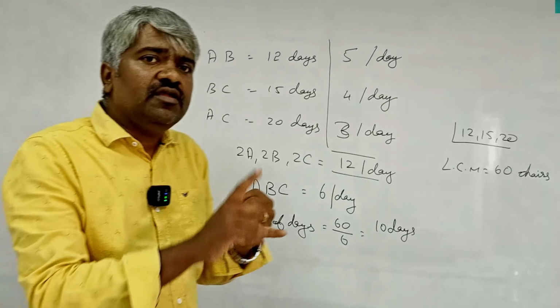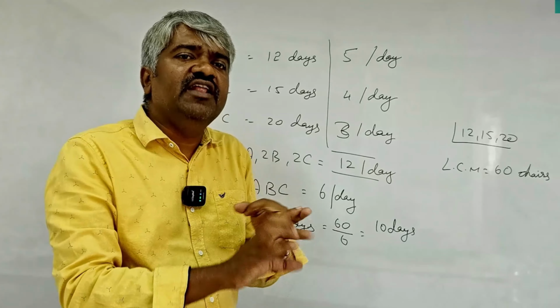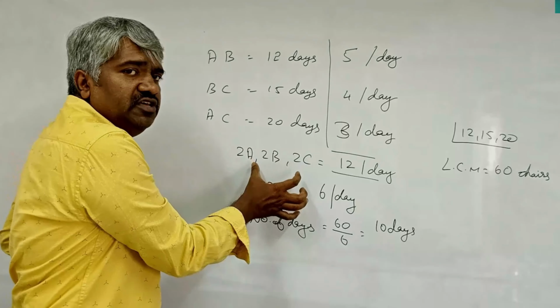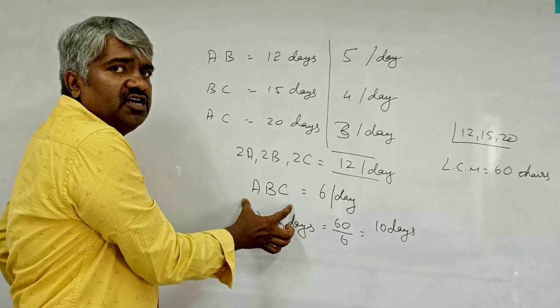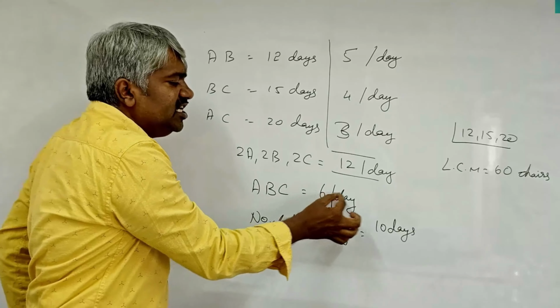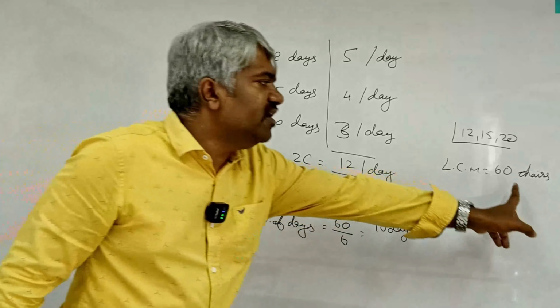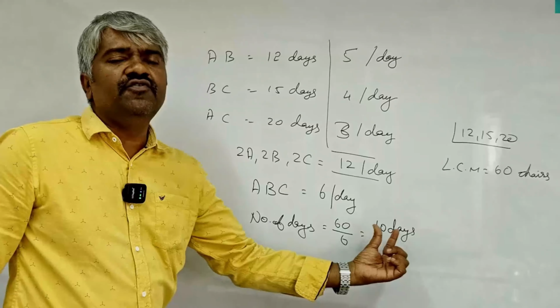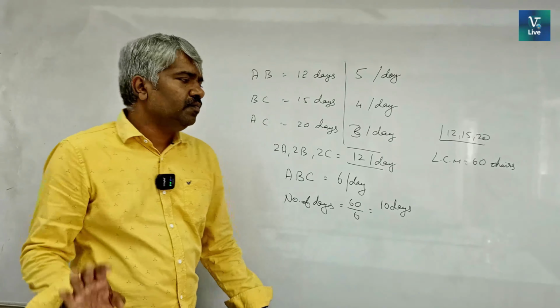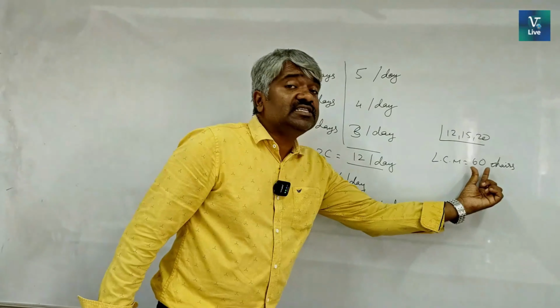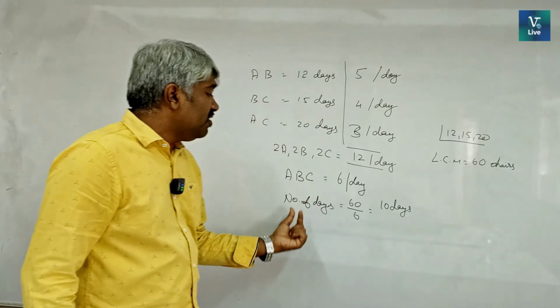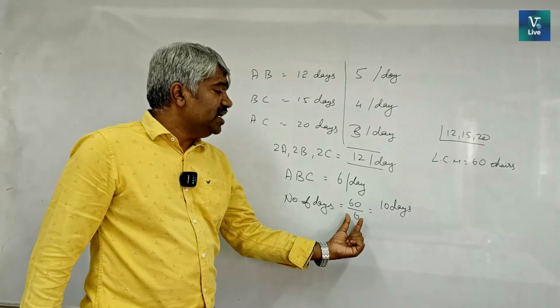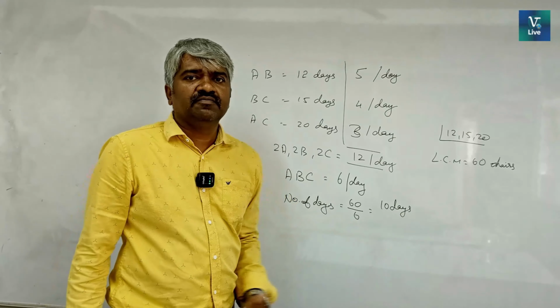But I need to find A, B and C when they work together. This is twice the work. So when A, B, C work, they manufacture 6 chairs in one day. To manufacture 60 chairs, 60 by 6 will give you 10 days.